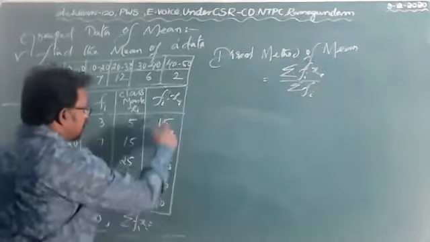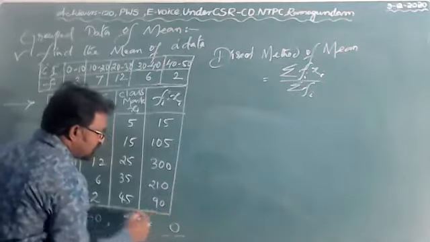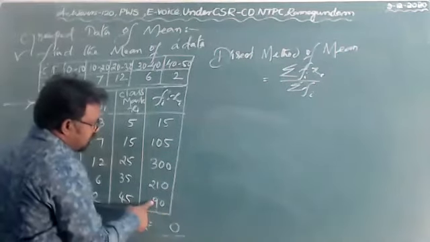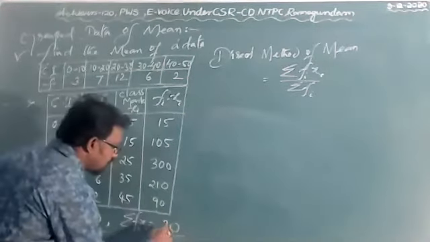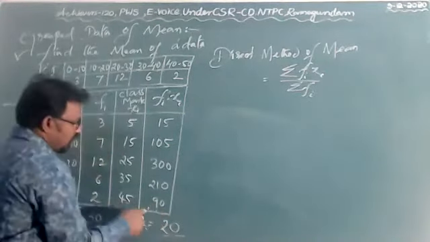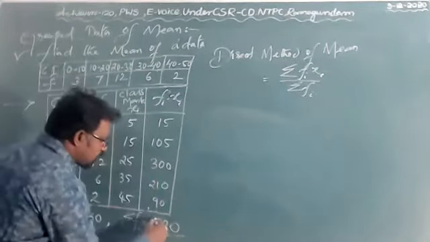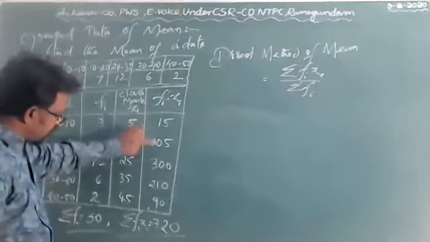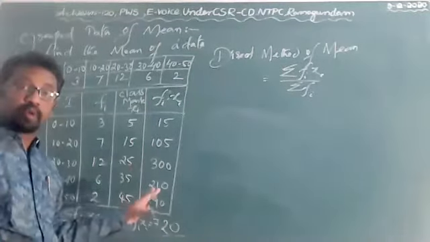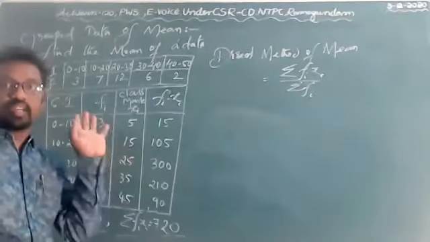And sigma fx, add these all. 5 plus 5, 10. 1 left. Now 1 plus 9, 10. 10 plus 1, 11. 11 plus 1, 12. 1 left. 1 plus 2, 3. 3 plus 3, 6. 6 plus 1, 7. 720. Once again, 5 plus 5, 10. Because calculation is most important. If you make a small mistake, the whole solution turns absolutely wrong.